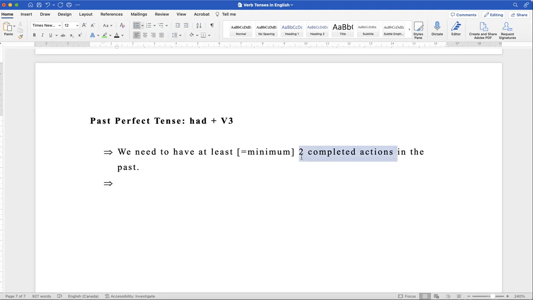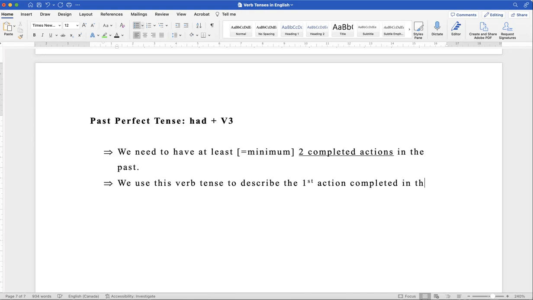At least 2 completed actions. And then we use this verb tense to describe the first action completed in the past.